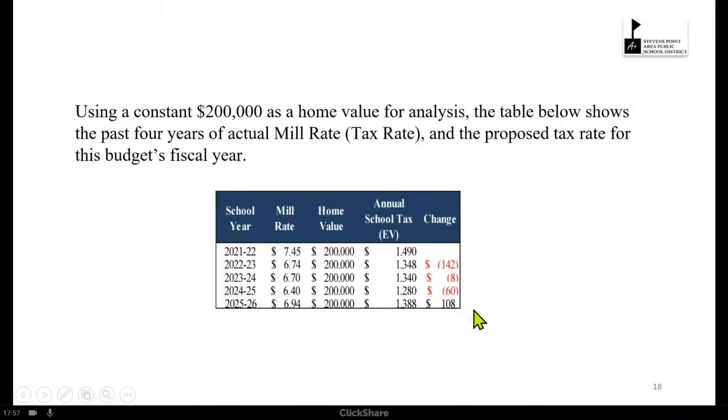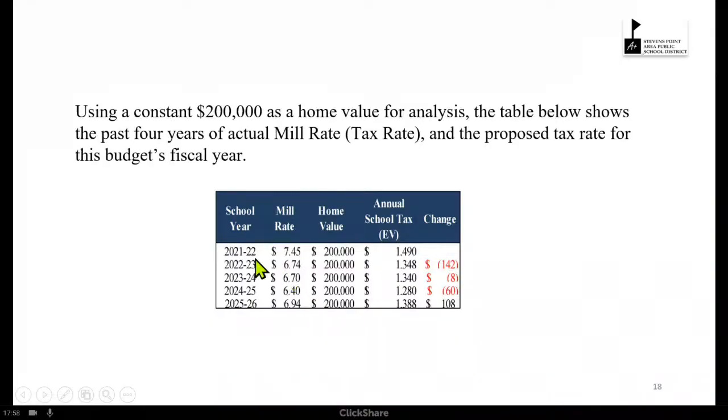Okay, we're coming back to one last impact slide. This time I took a $200,000 home. And so you can see that for the $200,000 home, the mill rate of $6.94 has an impact of $108. So double what the $100,000 home had.